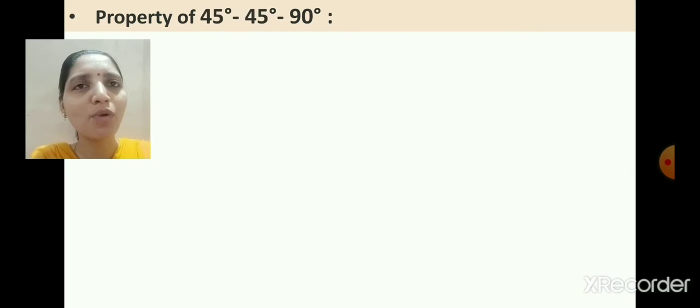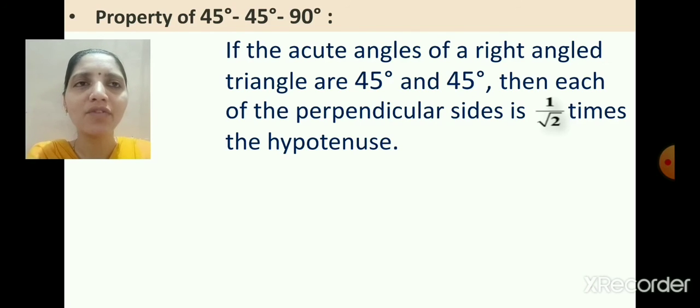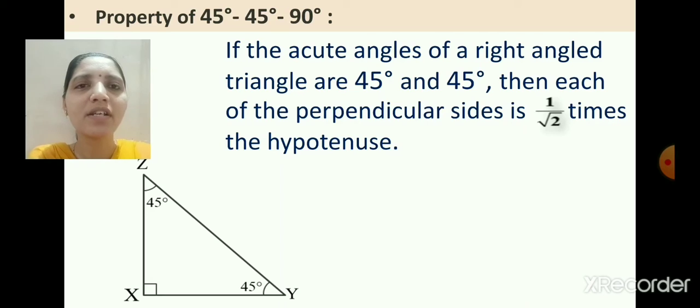Now the next property we are going to see is the 45 degree, 45 degree, 90 degree property. What is the property? If the acute angles of a right angle triangle are 45 degree and 45 degree, then each of the perpendicular sides is 1 upon √2 times the hypotenuse. So let's consider one triangle, triangle XYZ. Here what is given to us?